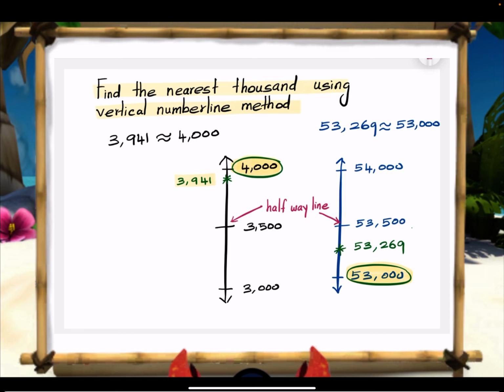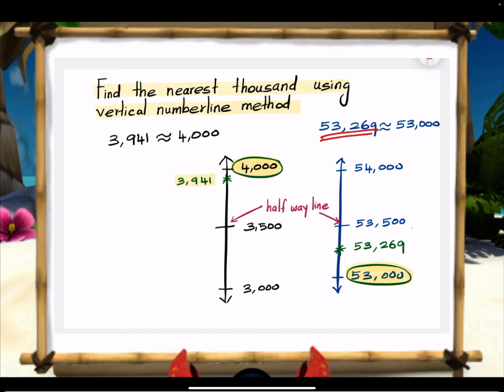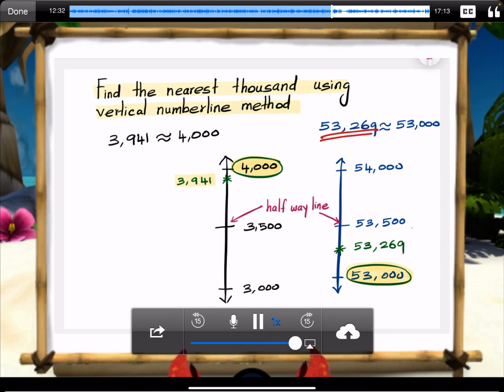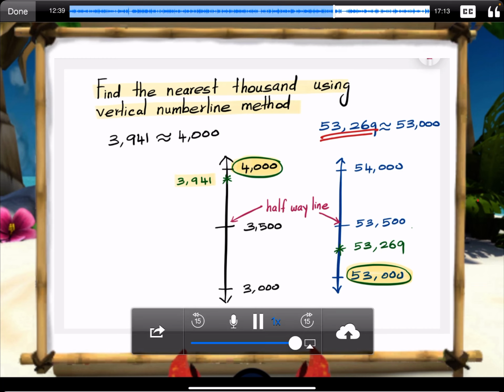And now let us do for the number 53,269. So for that, I have marked the two endpoints. We have to check whether this 53,269 number is closer to 53,000 or to 54,000.